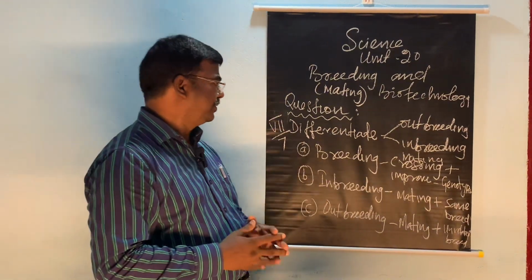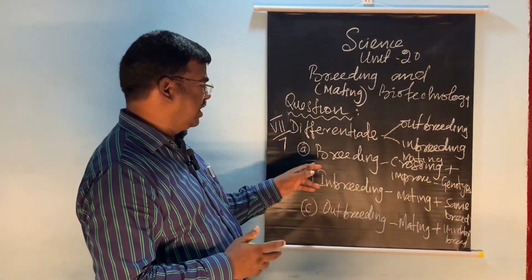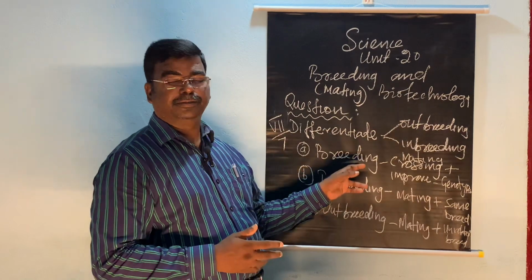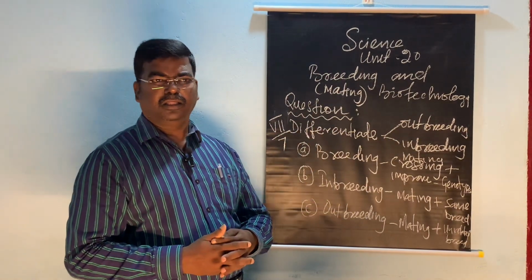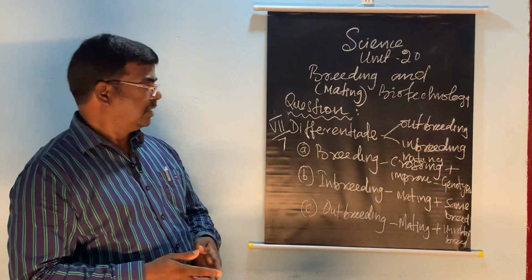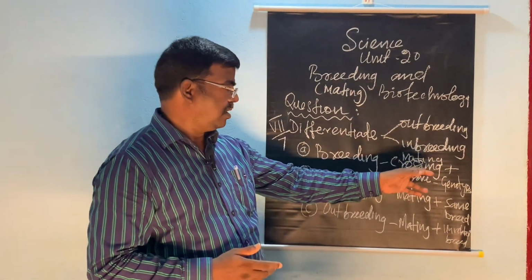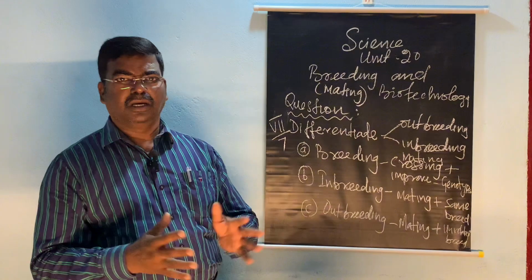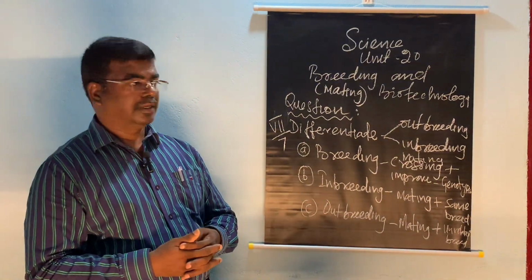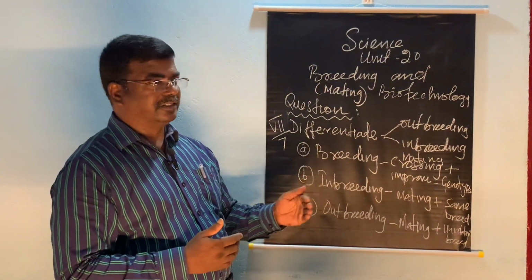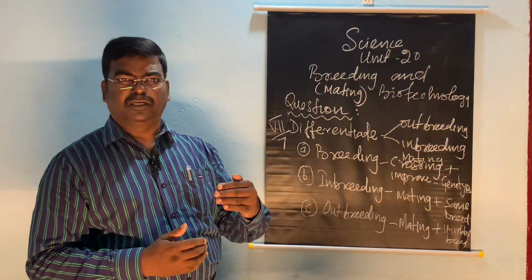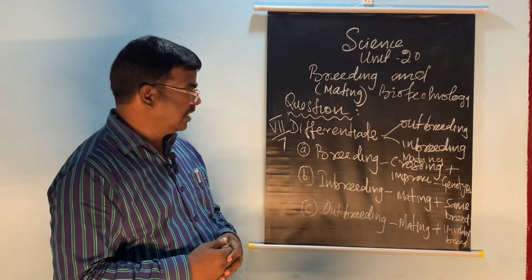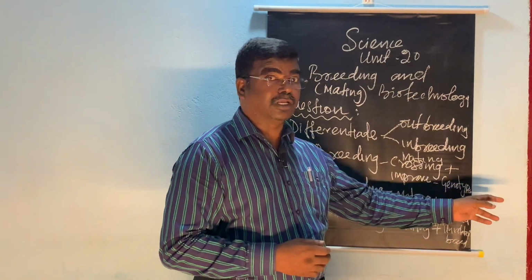So first you have to understand breeding. What is breeding? Breeding means the mating or crossing of animals for their improvement. The improvement means in the level of the genotype.